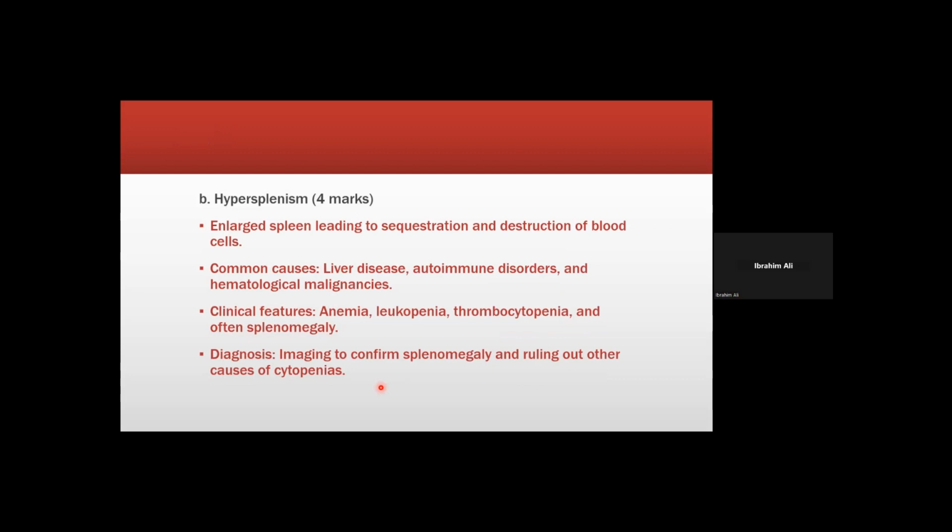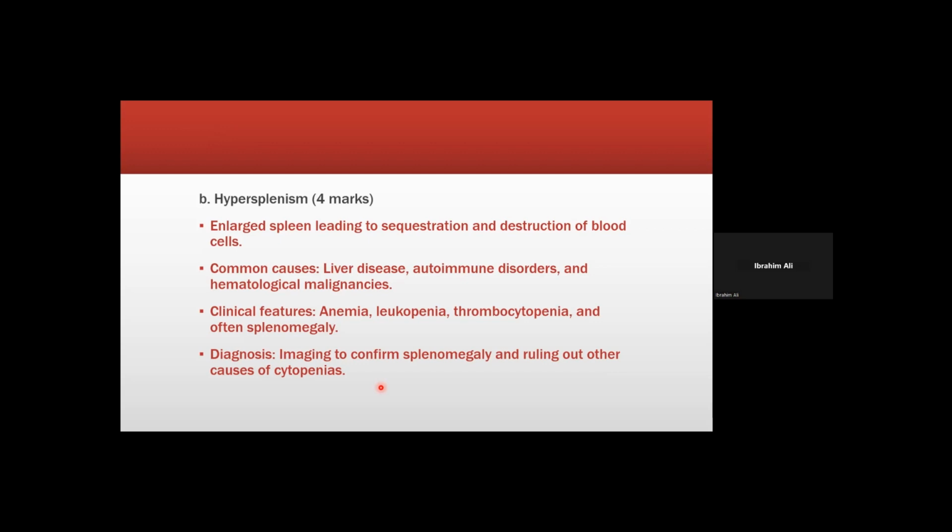The spleen over-destroys your RBCs and overworks. With small things, like a small infection, it starts destroying your RBCs and macrophages.